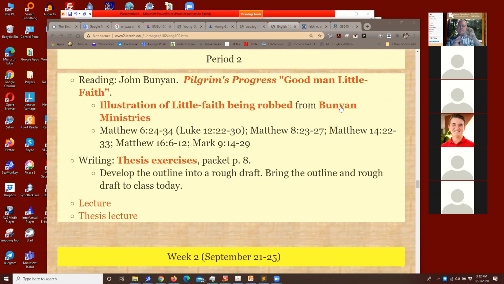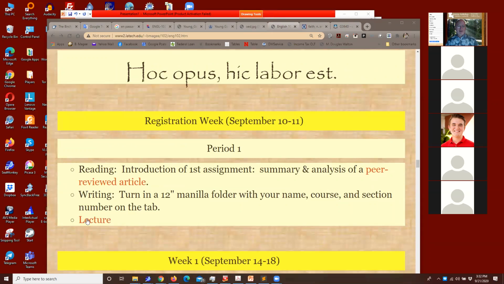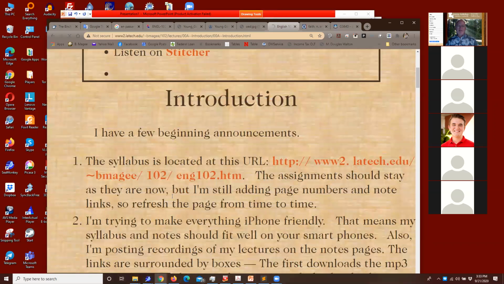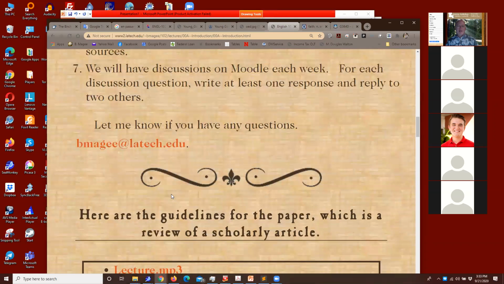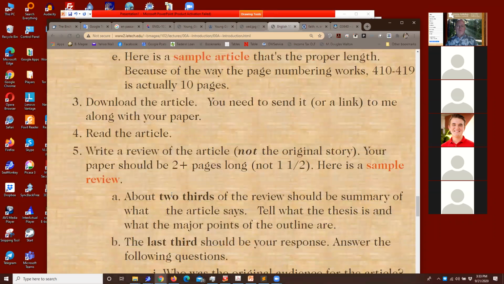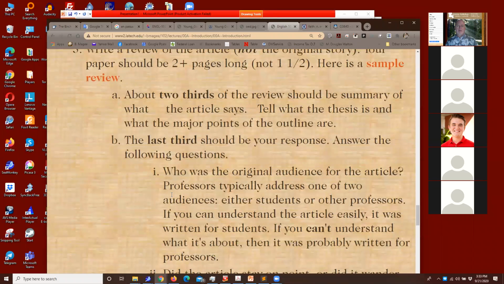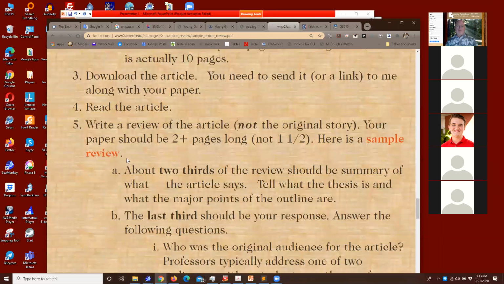And then the last third, and I think I have an example. The last third, yes, Edgar Allan Poe. How could I forget? The last third is your analysis, where you answer the questions. So here we go, last third. Here, and there's a sample review for you.